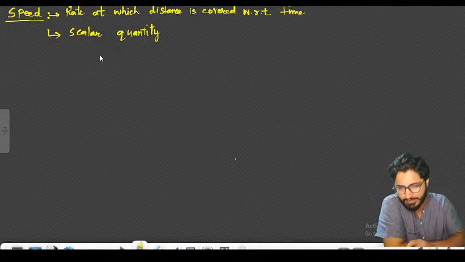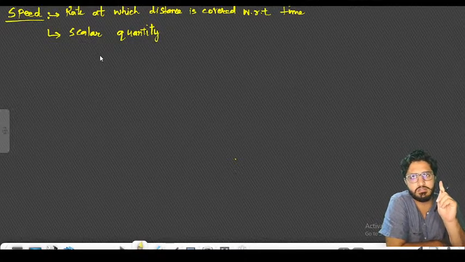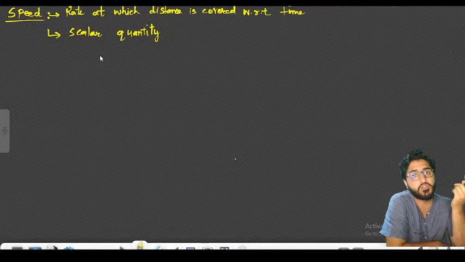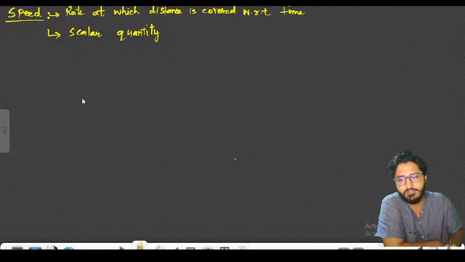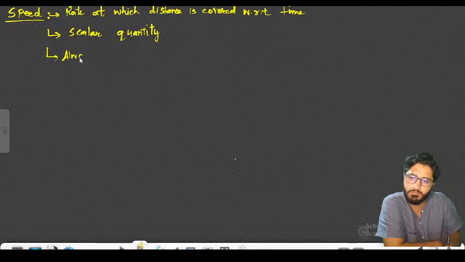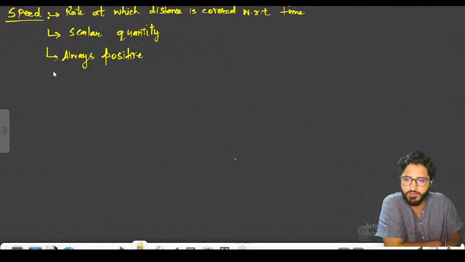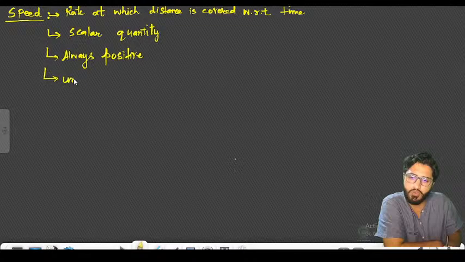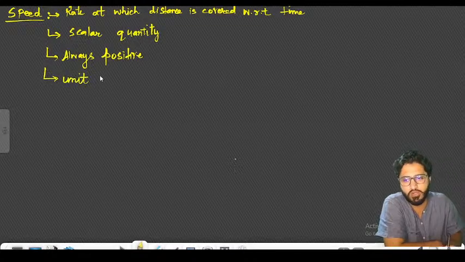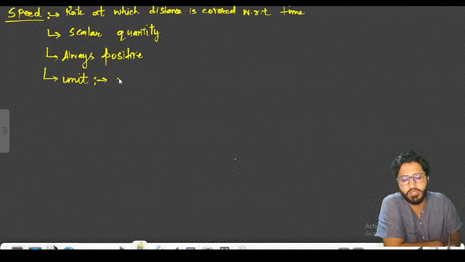And we know one thing that, look, distance is only positive. Displacement could be positive, negative, and zero, but distance is always positive and increasing. In the same way, my speed is always positive. And if we talk about unit, the unit is meter per second.